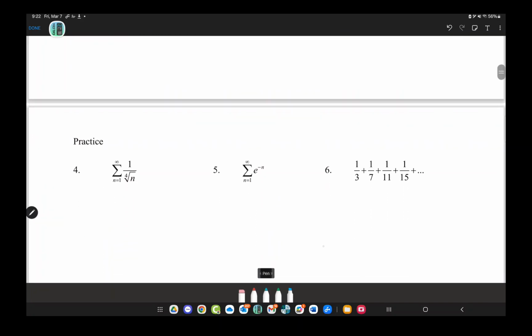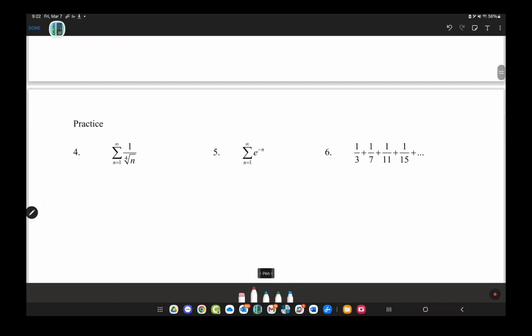So let's look at this. We do know that this is a p-series, because the exponent is 1/4. Since it's less than 1, what should this do? We are going to do the integral test.